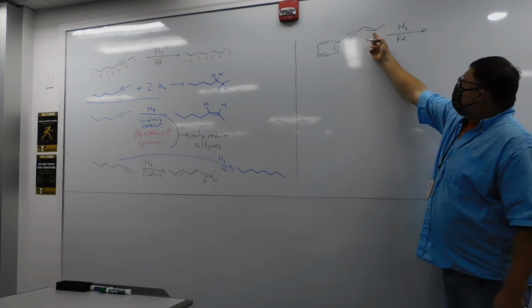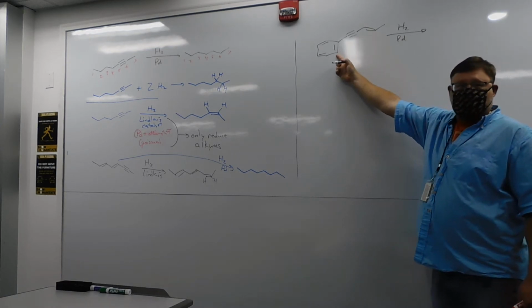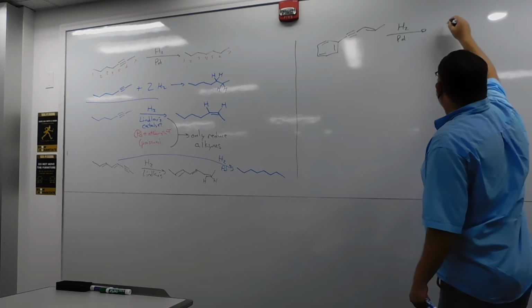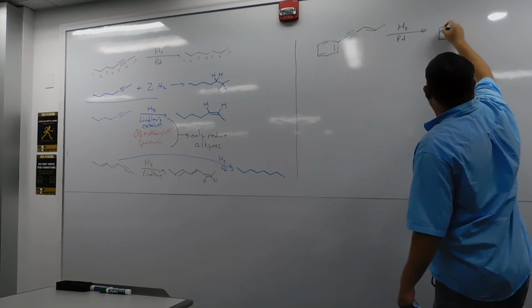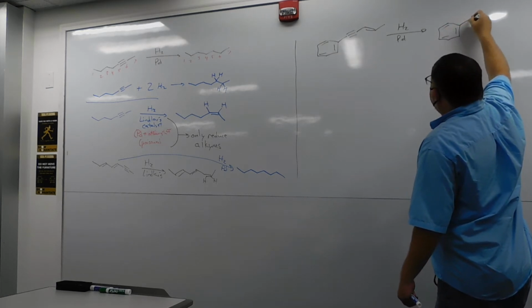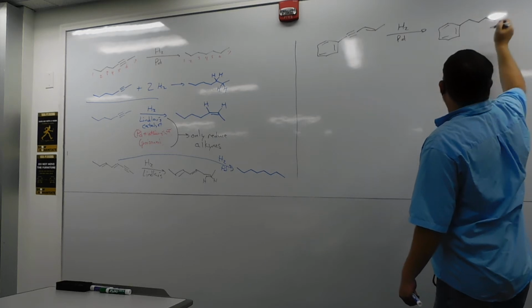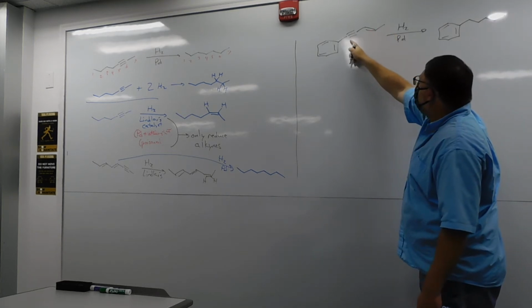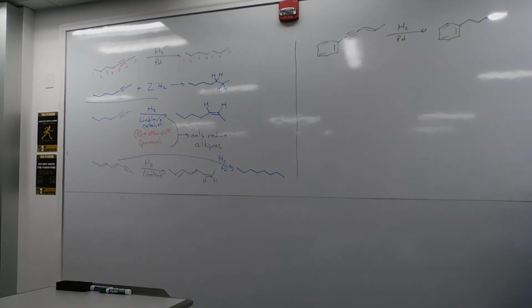I'll reduce the alkyne, I'll reduce the alkene, I won't do anything to the benzene. All right, so basically chapter 8 and chapter 9, benzene doesn't do any of that chemistry. If you see a benzene ring, a 6-membered ring with 3 double bonds, just leave that alone.